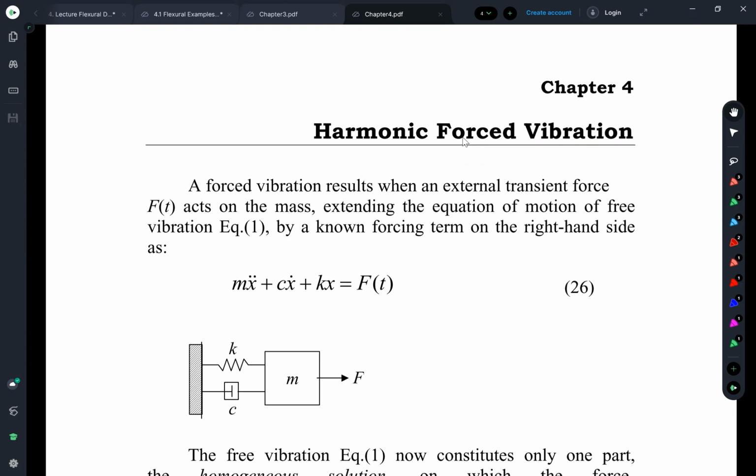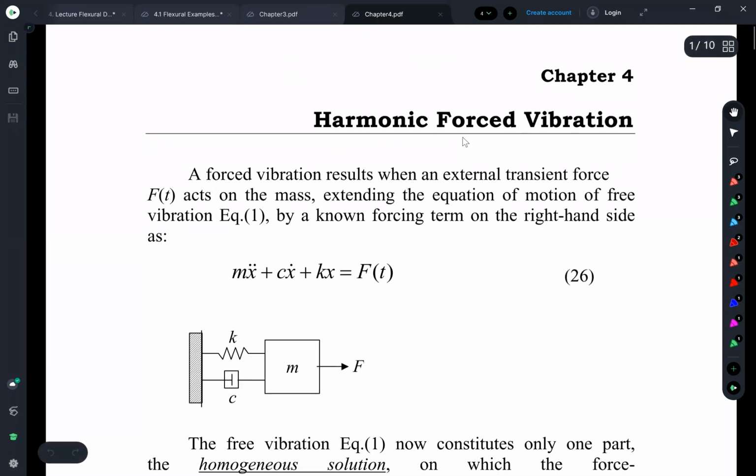Today, we will consider the system in the figure you see, a single degree of freedom system, but today we have the external force F. Like this, right? We have the external force F acting on the mass. But for sure, for a dynamic system, we prefer to look at an external force that is a dynamic force.